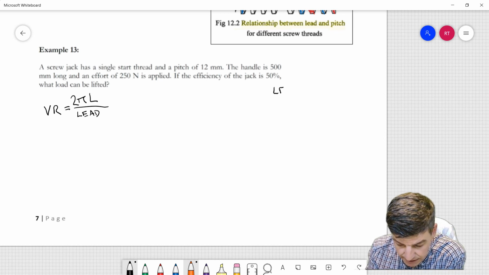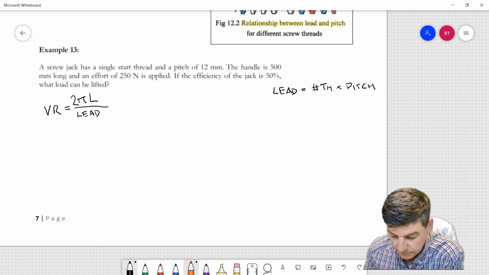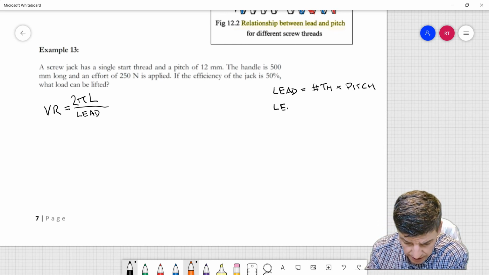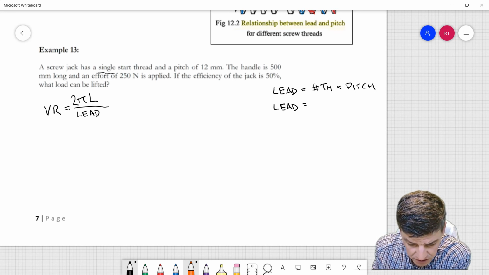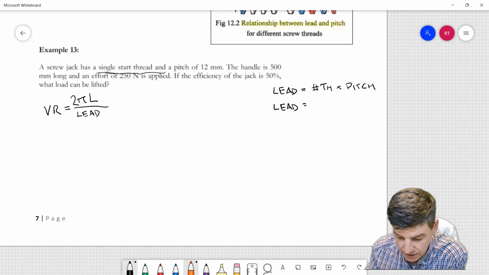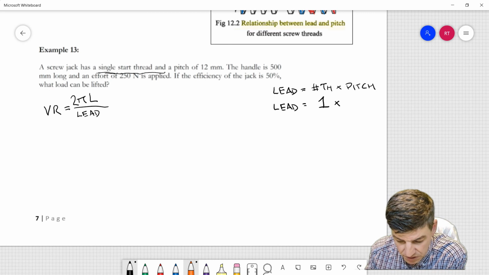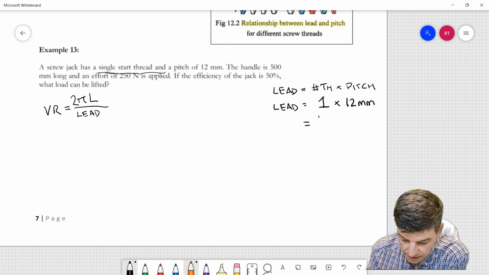My lead is equal to my number of threads times the pitch. Given in my question, I have the number of threads, which is a single start thread, so that means one thread, times the pitch, which is 12 millimeters, and my lead is equal to 12 millimeters.